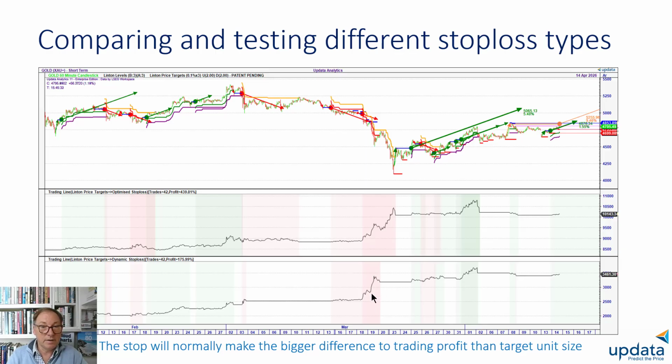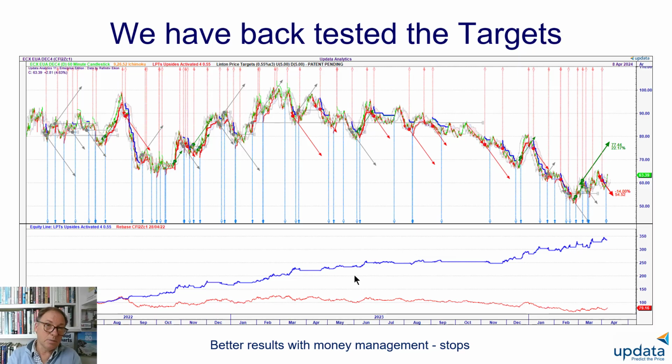So the interesting thing is I can start comparing which stops work best, and I hope to be able to provide you with intelligence on which ones work best soon. We're back testing them all the time and doing a lot of work on back testing, and again, that's a work in progress, which the back testing feature will be most powerful in Updata.